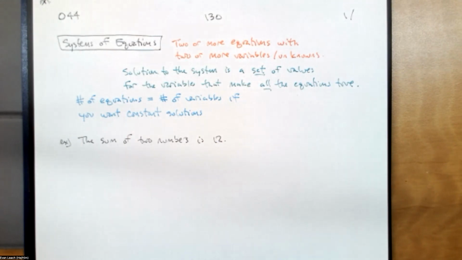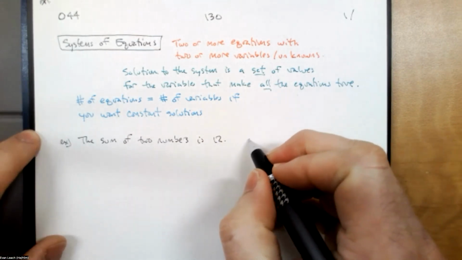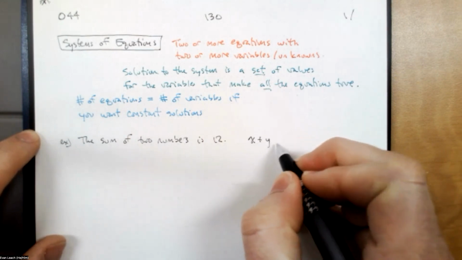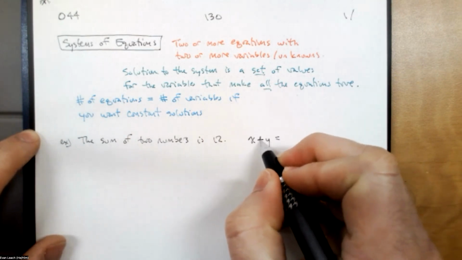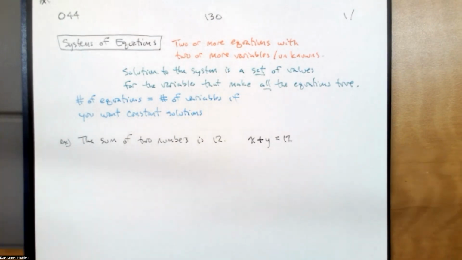I could say x is one of the numbers and y is the other. Plus means we're finding a sum, and we're saying x plus y equals 12. This is one equation with two variables, and we have a lot of different solutions.